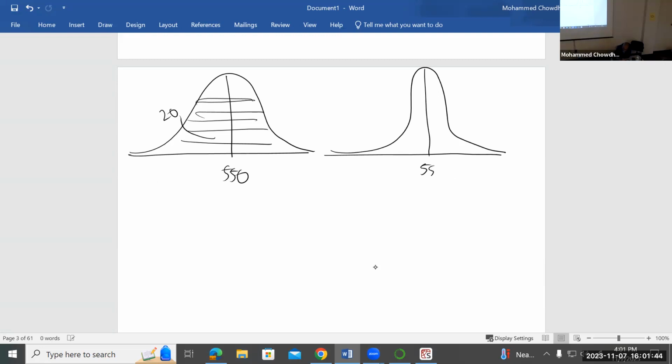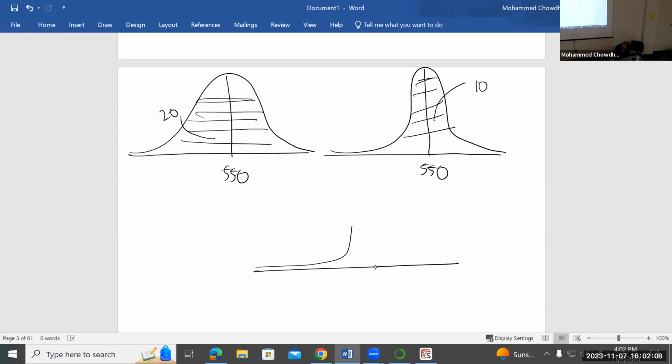In this case, the mean is still 550, but the standard deviation would be less, it could be 10. It becomes pushed, squeezed on both sides, so it goes further up.